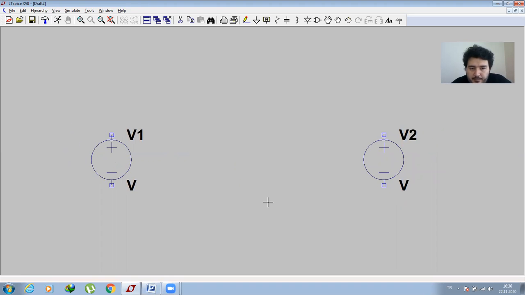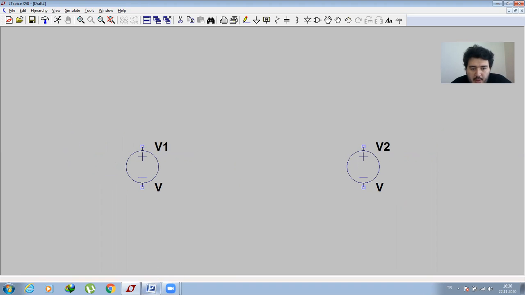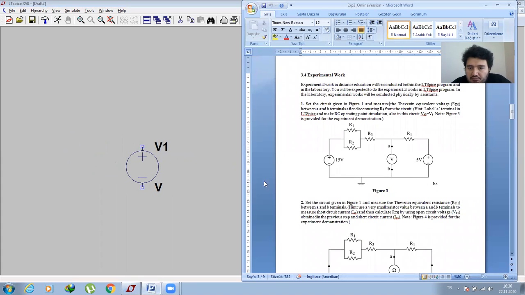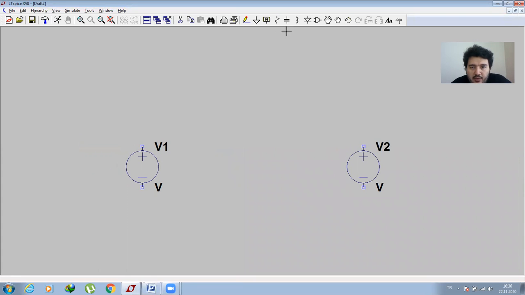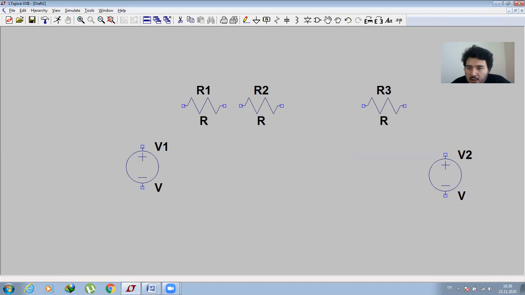So again, I'm looking at the circuit. Okay, there's a resistive circuit, so I can put a resistor here and here. I can put one here. So I will translate this one here.